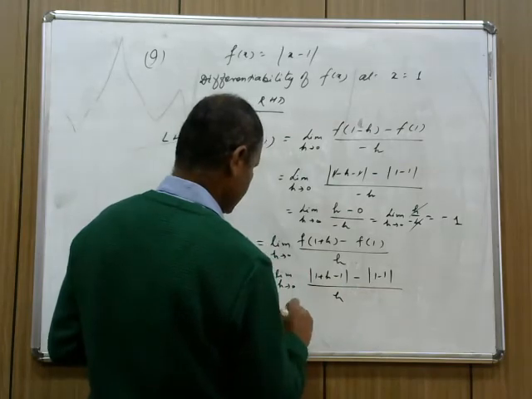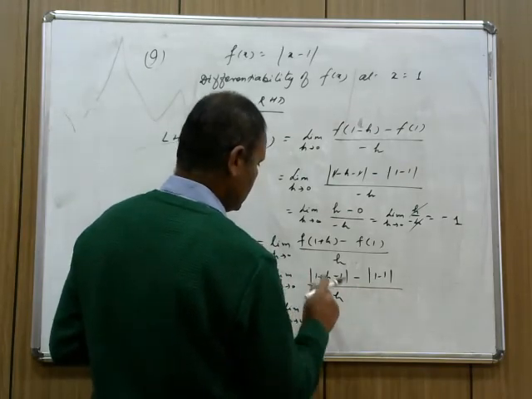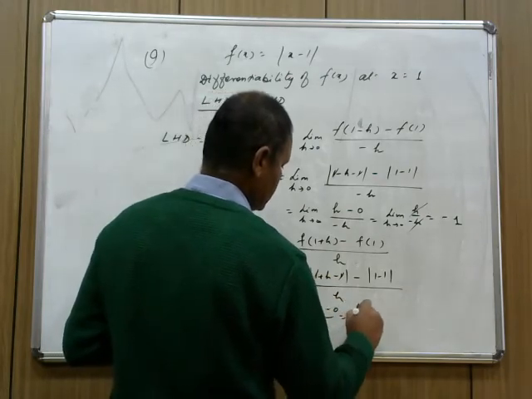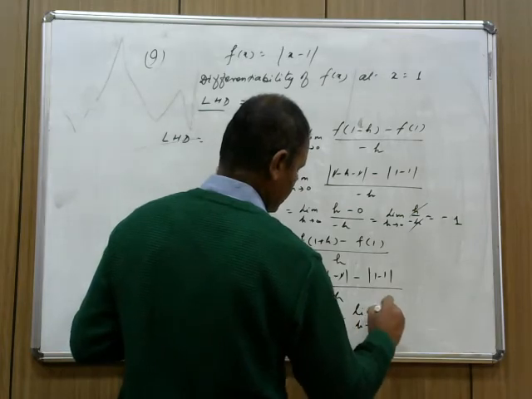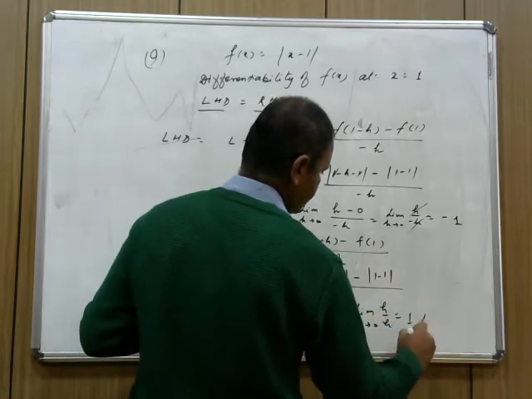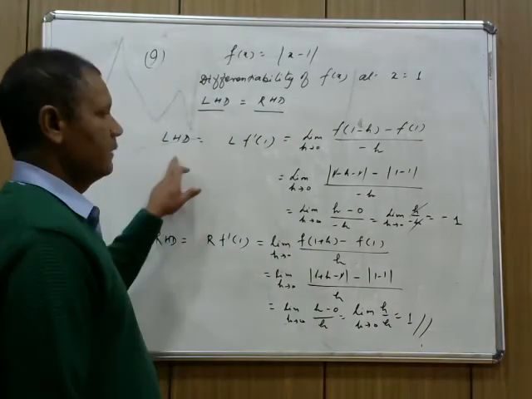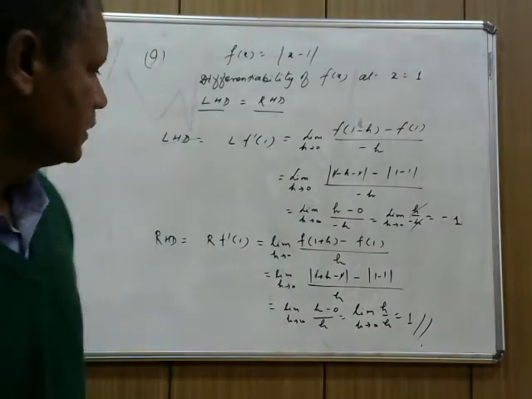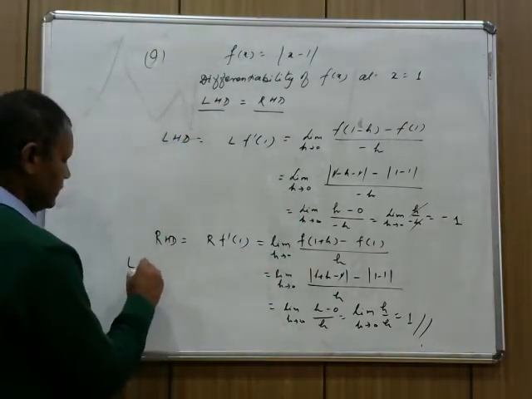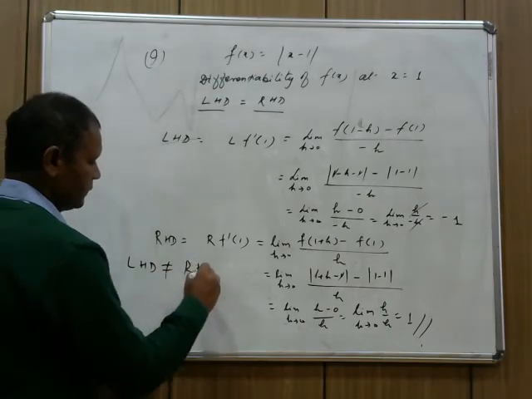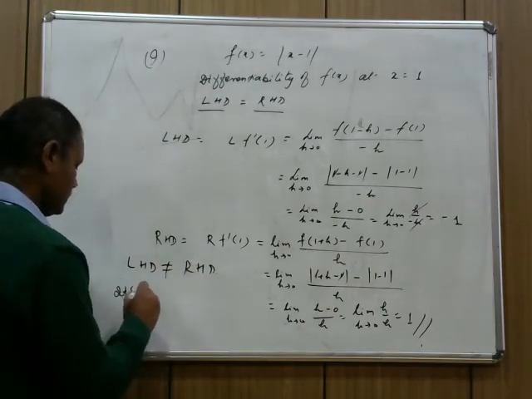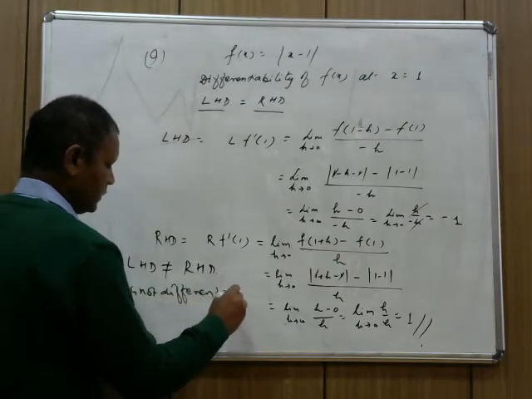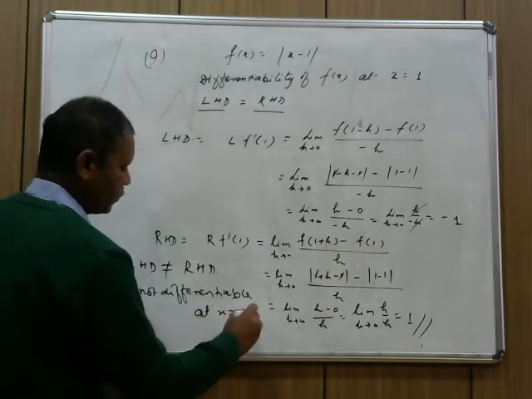That is equal to limit h tends to 0, 1 plus h minus 1, that is h, minus 0 upon h, which is equal to limit h tends to 0, h upon h, equal to what? 1. See, left hand derivative is minus 1 and right hand derivative is 1. Since LHD is not equal to RHD, hence it is not differentiable at x is equal to 1.